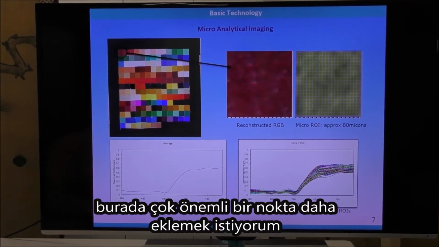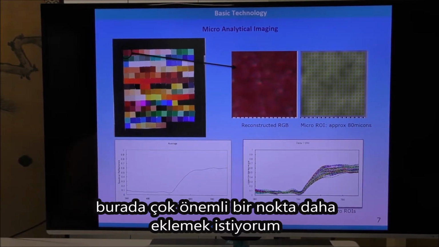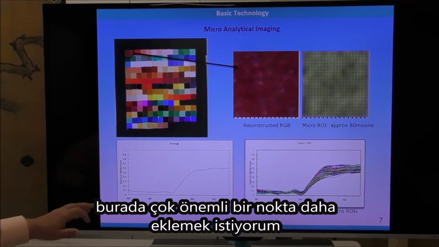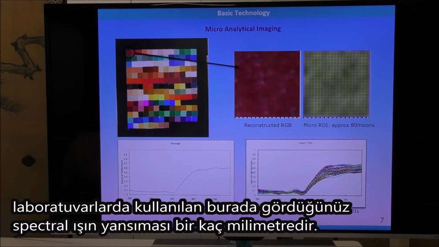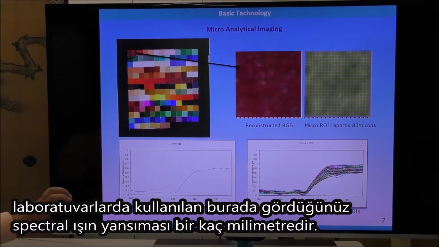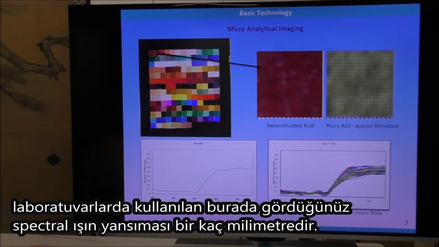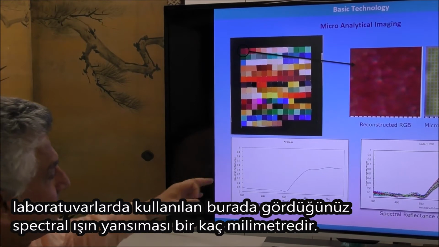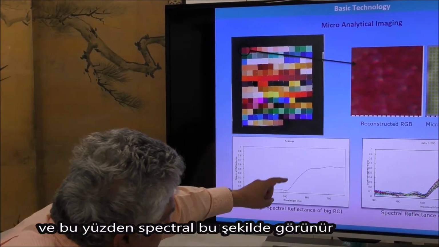Here I also would like to add one very important point. The spectral reflectance that maybe some of the audience here use in their laboratories are beams of a few millimeter. So when you have a spectra, the spectra looks like this.